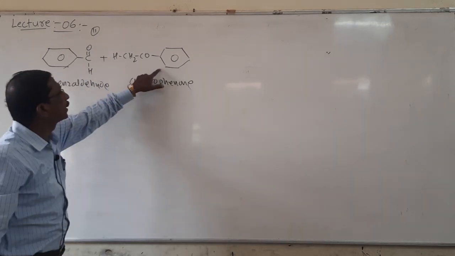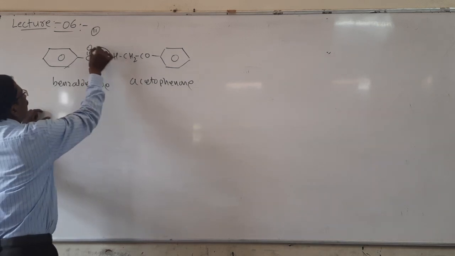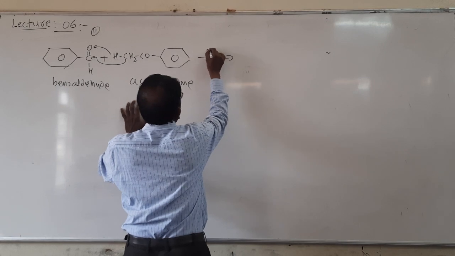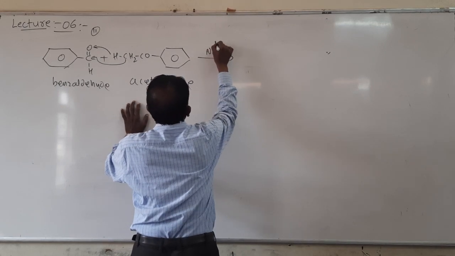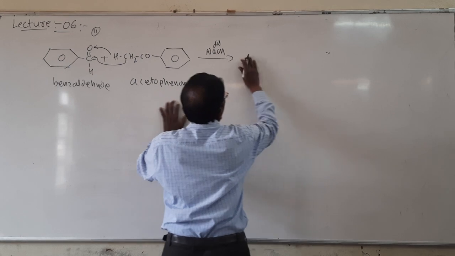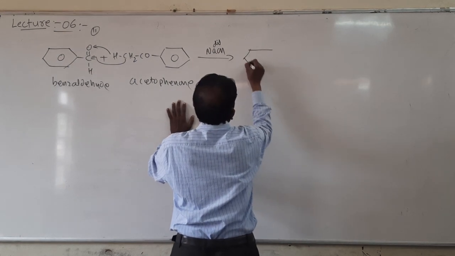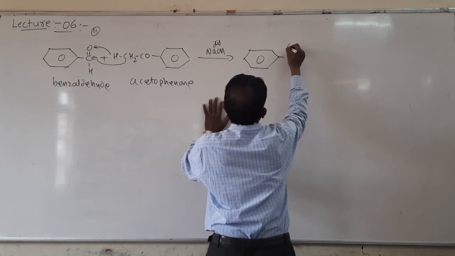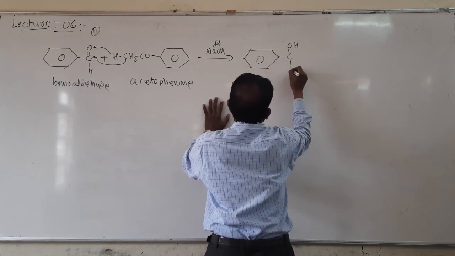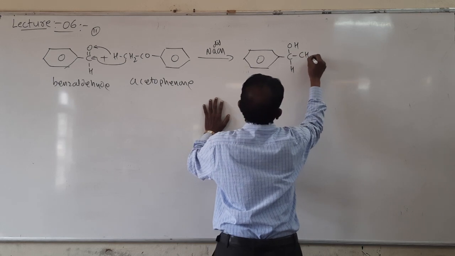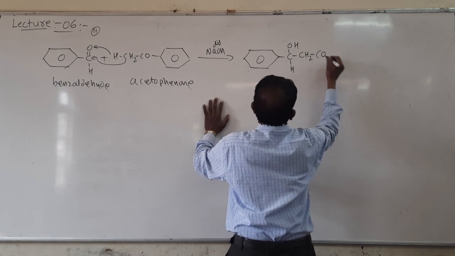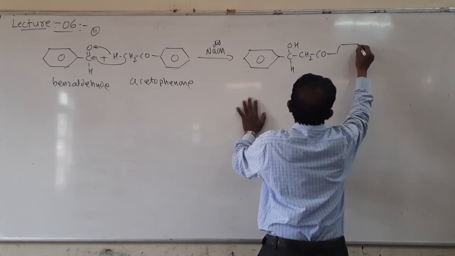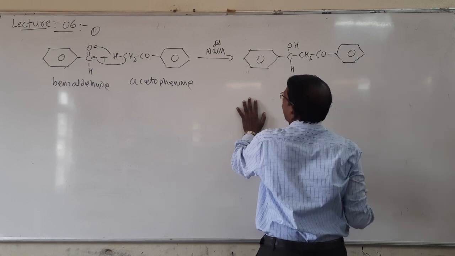Acetophenone, look here, C6H5COCH3, and here it attaches, and then it attacks here in the presence of NaOH or KOH. It forms an aromatic ring.